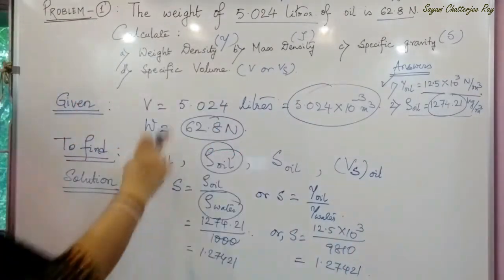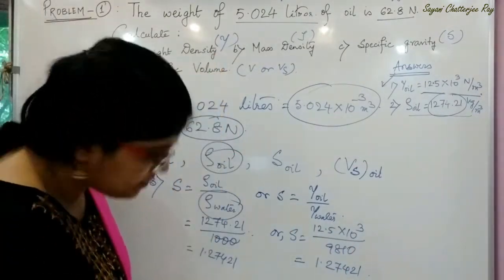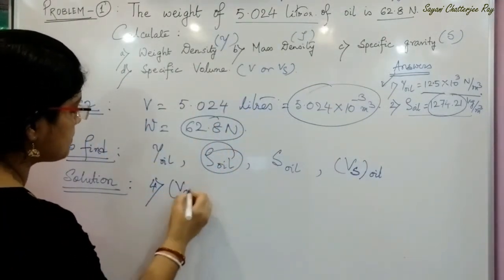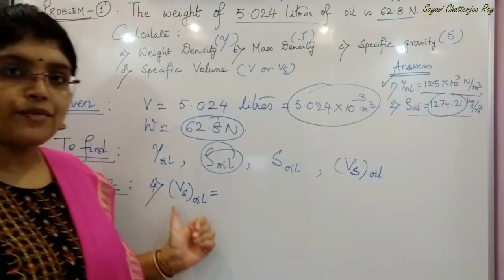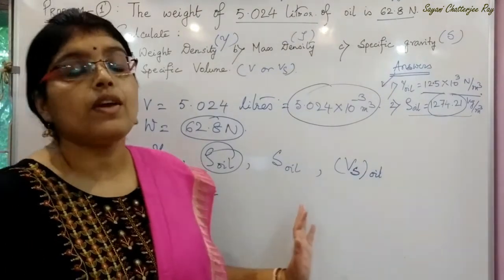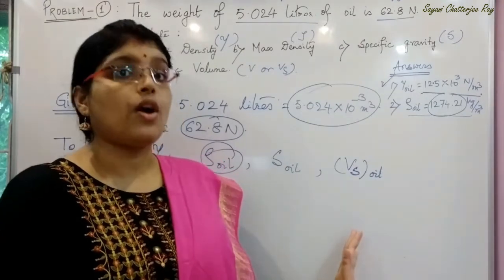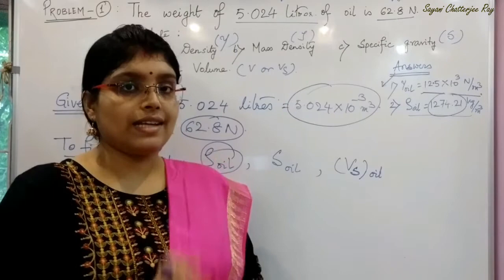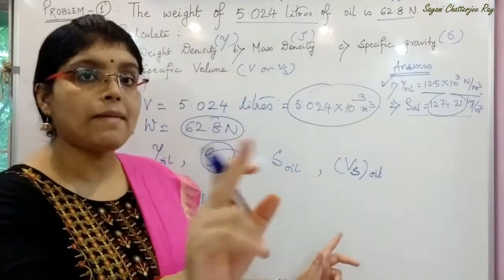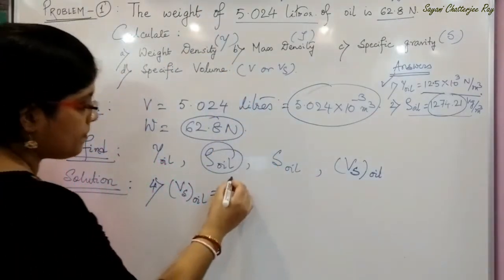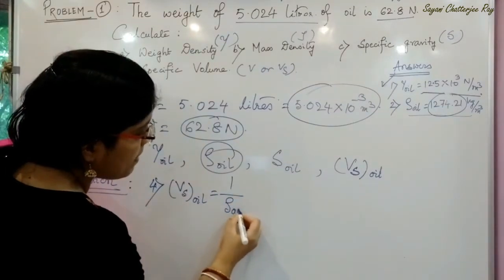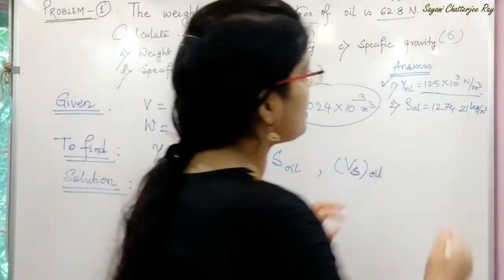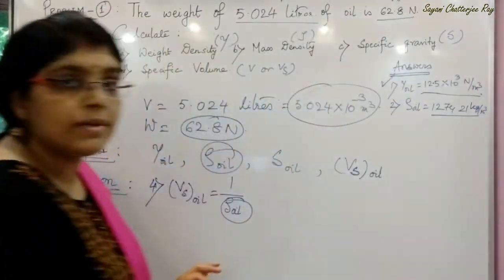Now we have to calculate the specific volume of oil. The formula for specific volume: we have all studied that it is the reciprocal of mass density. So Vs, or specific volume, equals 1 by mass density, that is 1 by rho oil. The value of rho oil we have already found, that is 1274.21 kg per meter cube.